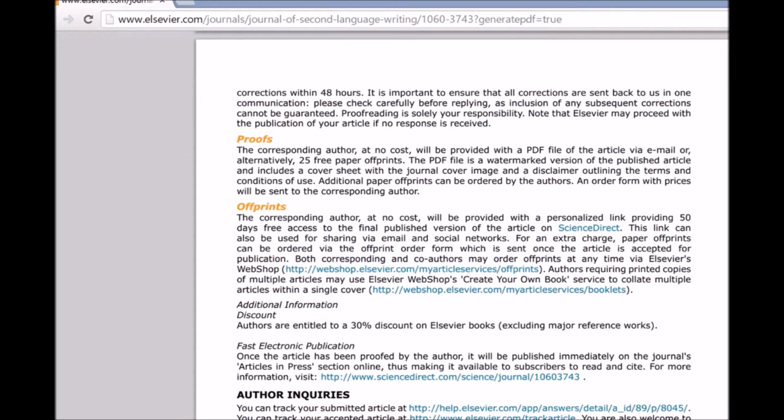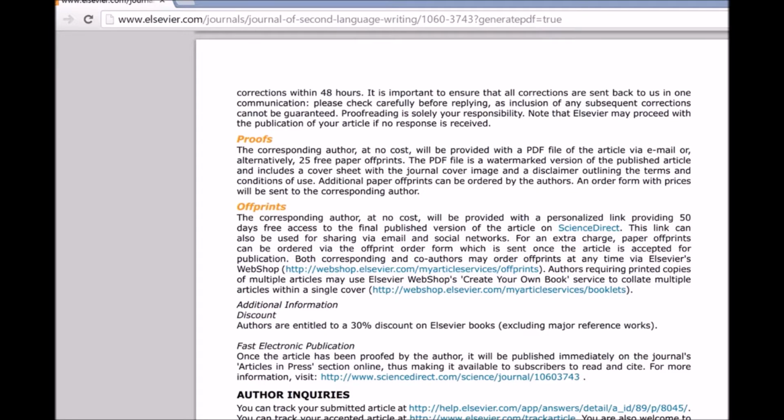Finally, once the paper is published, in the old days, they used to give you 25 copies of it. You could send it to your friends, your family, people who ask about it. Again, if you've signed over your rights, you may not be able to send people the PDF file.